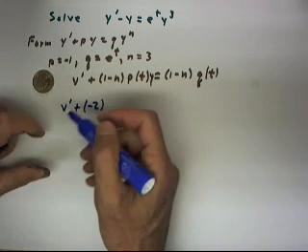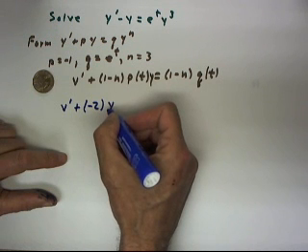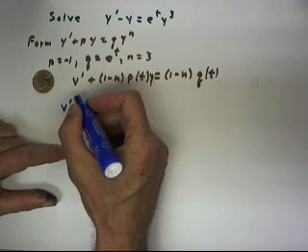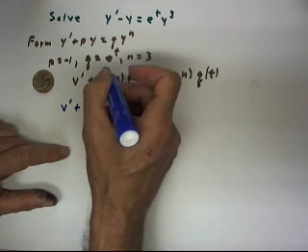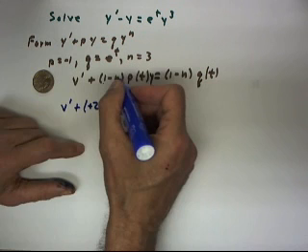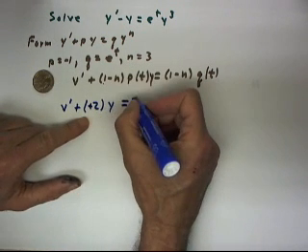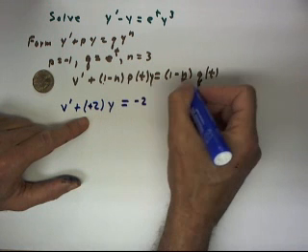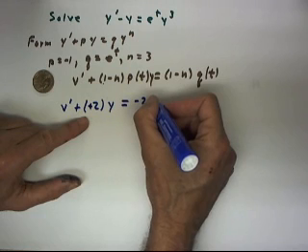It's negative 2 times y. Now p of t is negative 1, so by the time we do the 1 minus n, which is negative 2, and the p of t, which is negative 1, we get 2y. And that equals negative 2 times our q of t function, our q of t function being e to the t.